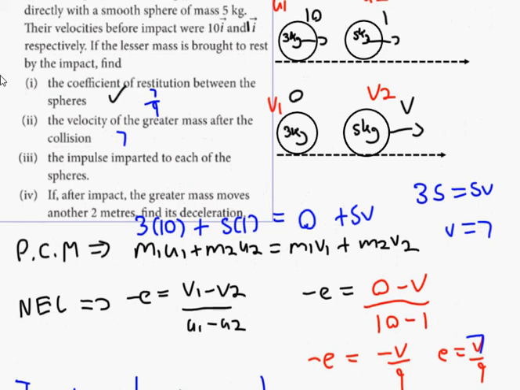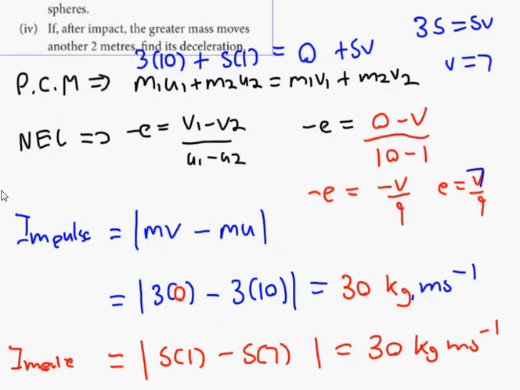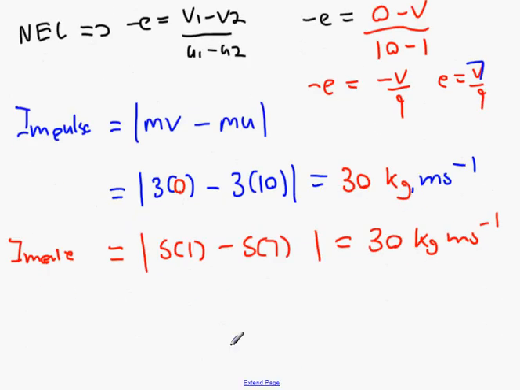If after impact the greater mass moves another 2 meters, find its deceleration. That's just a UVAST question, lads. S equals 2 meters. We want to find its deceleration. Its velocity is 0. Its U value is 7.